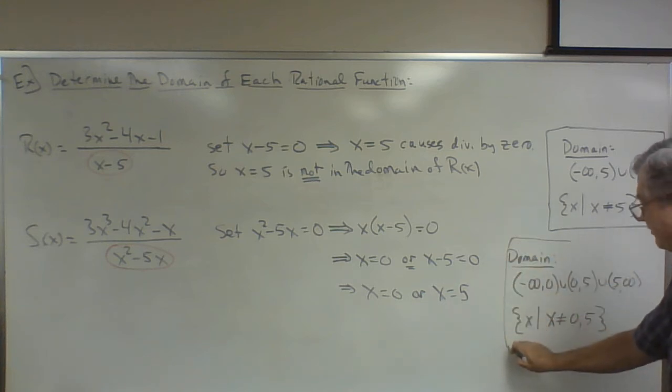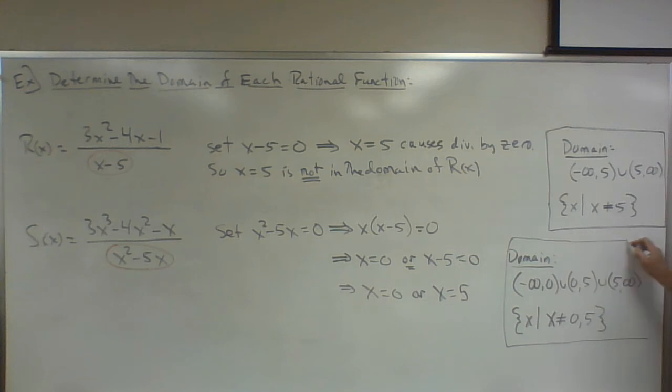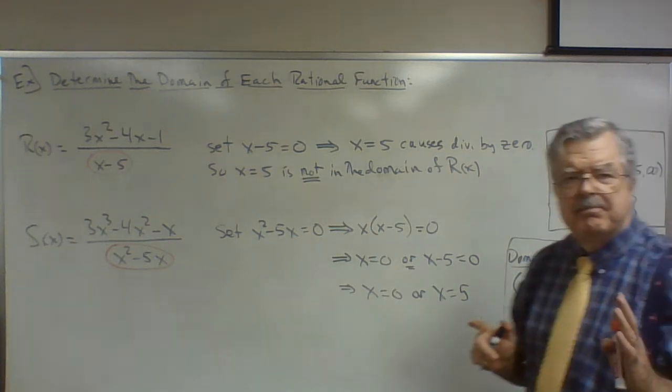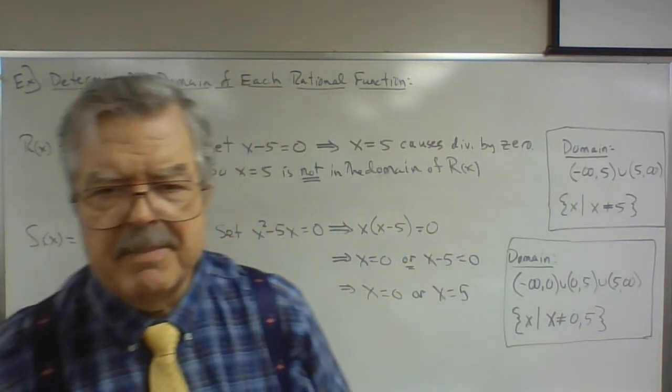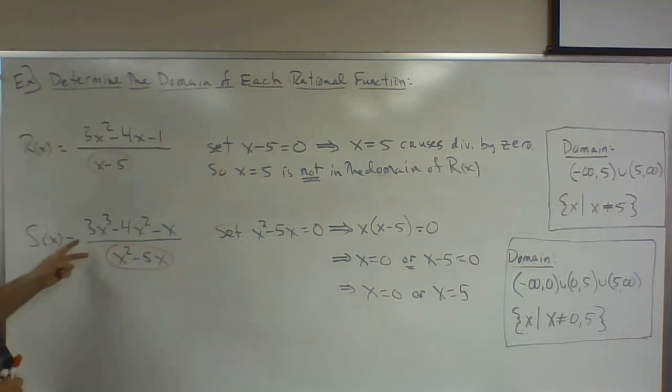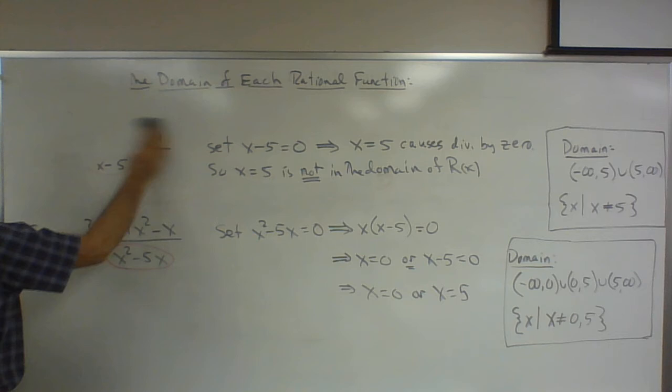That's the domain of the second function. But now we might wonder about something. We might look at this function and say, you know what? It is not in lowest terms. Maybe we should cancel out the common factor first. So what would happen if we did that?